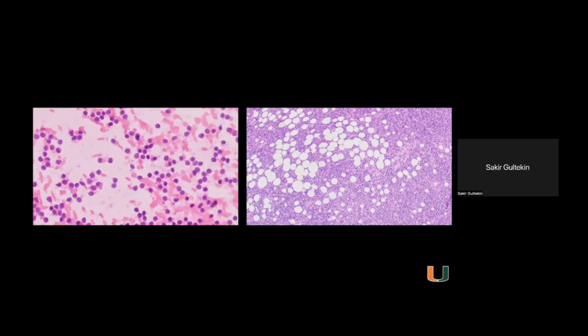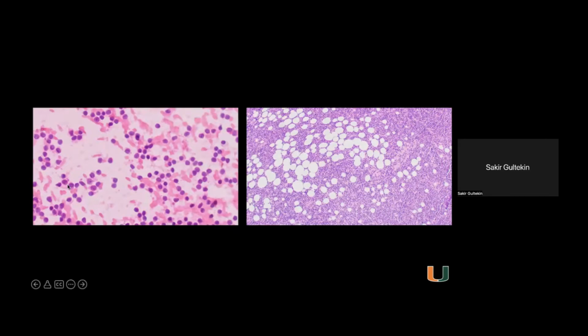On the left, you see the intraoperative frozen section consultation touch prep, and it shows uniform, round nuclei with not a lot of cytoplasm, kind of reminiscent of lymphoid cells or mononuclear cells.